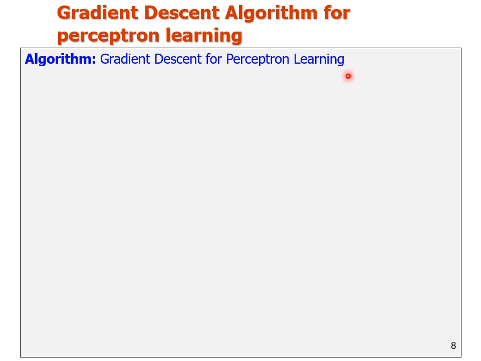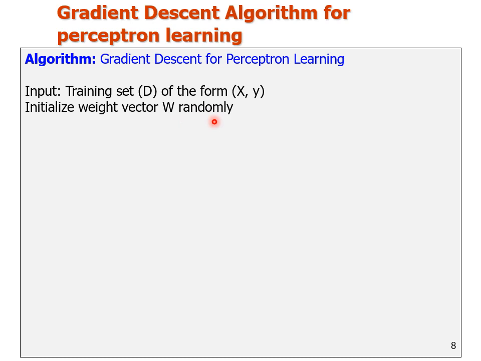The algorithm has the input, that is the training set D, which contains examples of the form x comma y, where x is a feature vector describing one example and y is the associated label. Next, we initialize the weight vector w randomly. Also, we initialize the learning rate eta with a small positive constant.